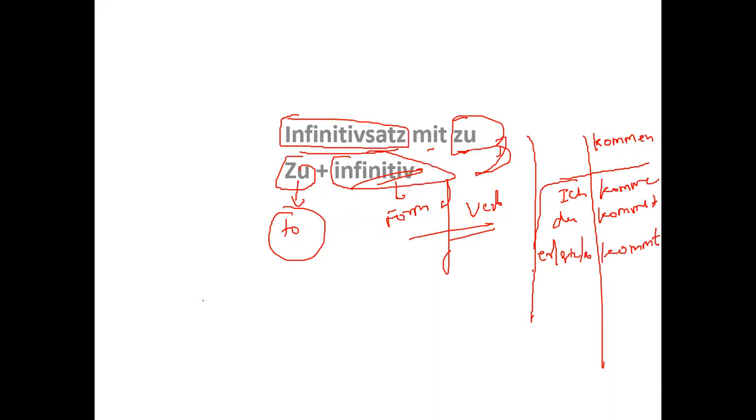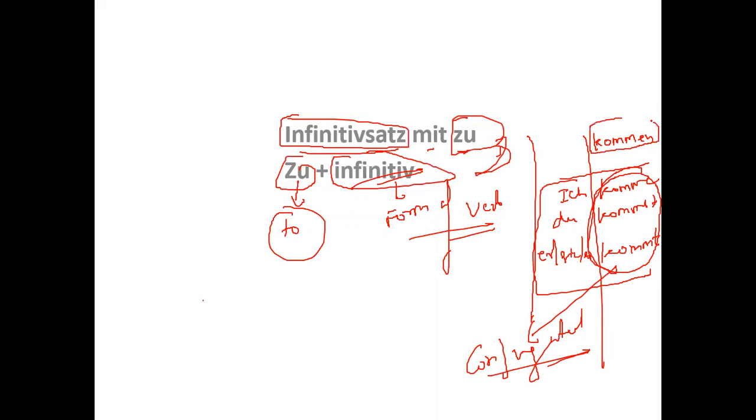So this form of verb is known as the conjugated verb. We have conjugated the verb, but this form, the main verb, is known as the infinitive form, right?